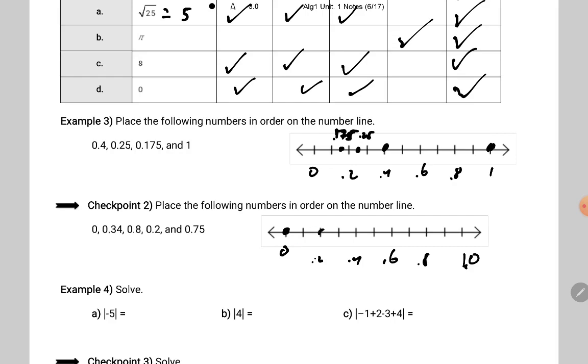And then we have 0.2. And then 0.34. So it's around here. And then 0.75. So here's 0.7. And we're going to go in between 0.7 and 0.8. So 0.75. And then lastly, 0.8.